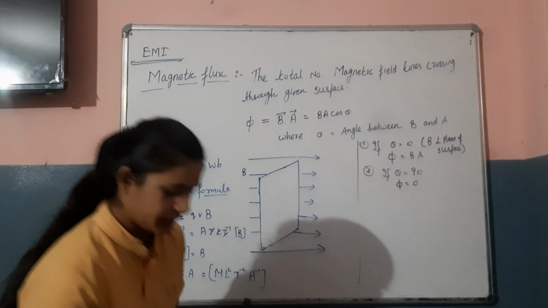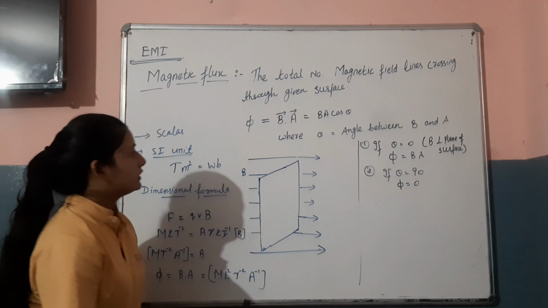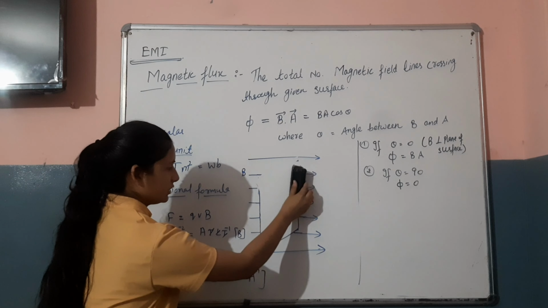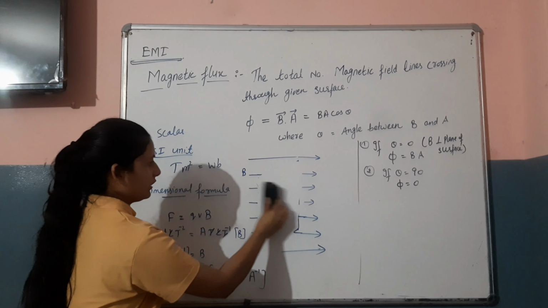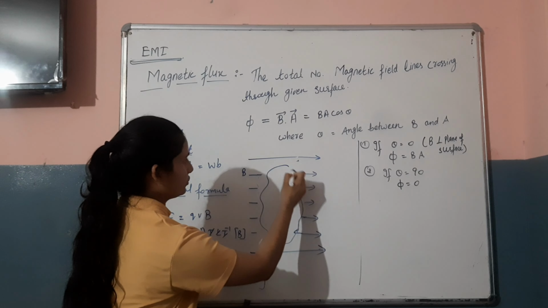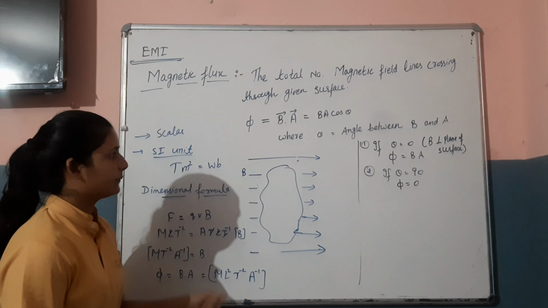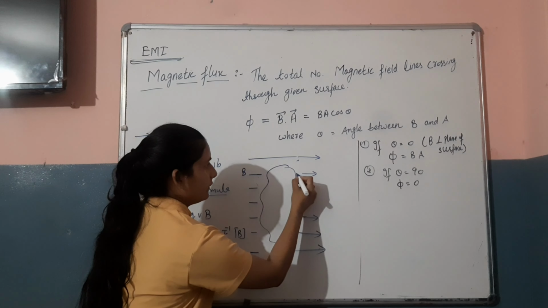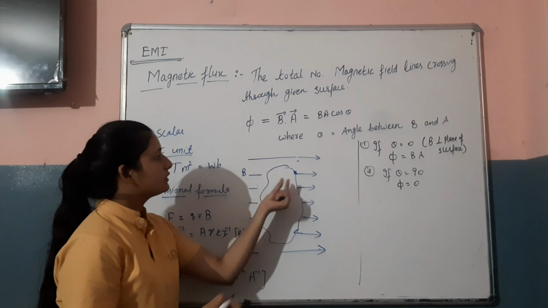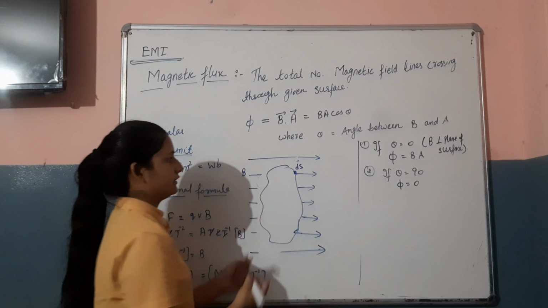Now if we want to calculate the magnetic flux for an irregular surface, this is a regular surface. For an irregular surface, how to calculate it? So suppose this is an irregular surface. Now we divide this irregular surface into small surface areas like dS.